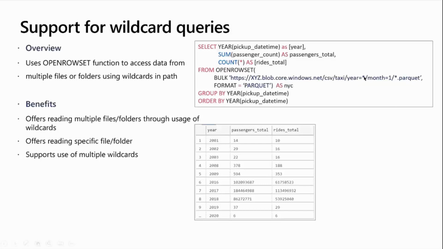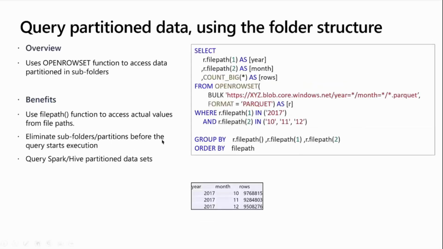I'm saying, give me any of them. And then I can promote that as a column in the data set. Now, the underlying data source has to support that. Synapse has some functions for file name and file path that support that pattern, but they also support this wildcard. So in this case, what I'm saying is only give me the January files and aggregate them up. So that's wildcards.